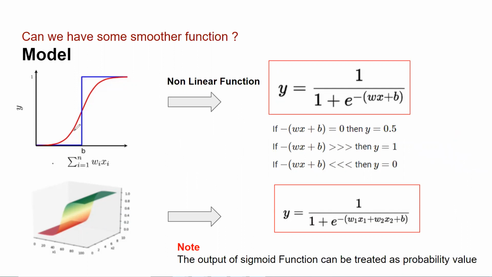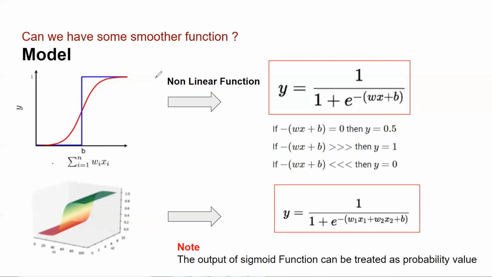Let's take this example. You can consider my x-axis as income, my y-axis as my status, whether he is able to buy a car or not. If we see this blue line, this blue line is coming from the perceptron. How is it operating? Till this threshold B, we are saying that my target will be 0, but the moment it crosses B, we are saying that the target is 1.